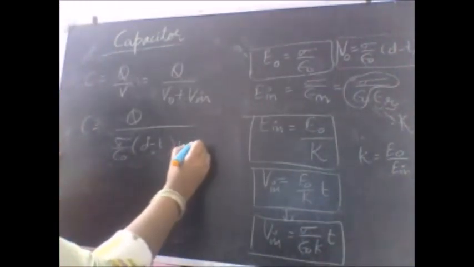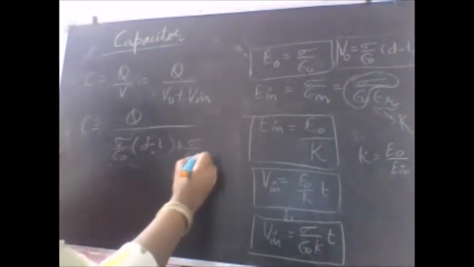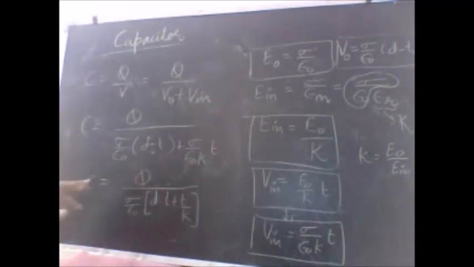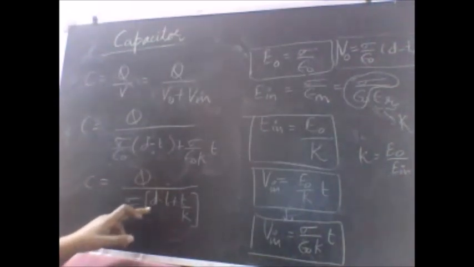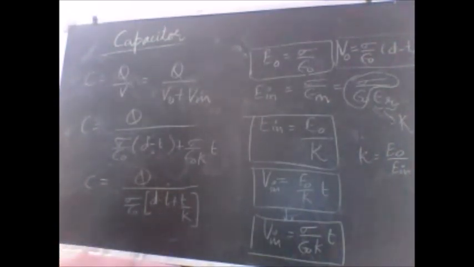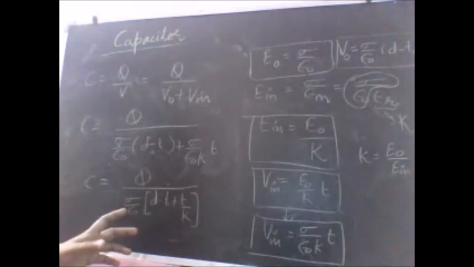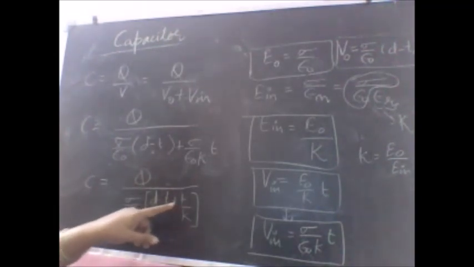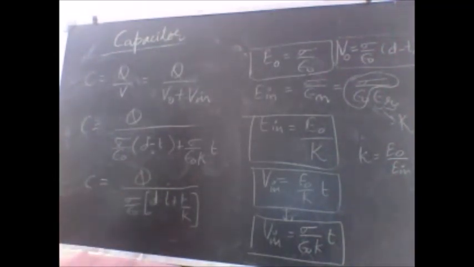So this is sigma by epsilon naught, K in the denominator, and T. Let us rearrange all the terms and see what we get. Sigma by epsilon naught inside the bracket, this term is left. You can do one more thing to simplify it further. You can put the value of sigma here, which is charge per unit area, and you can take this T common out to simplify it further.